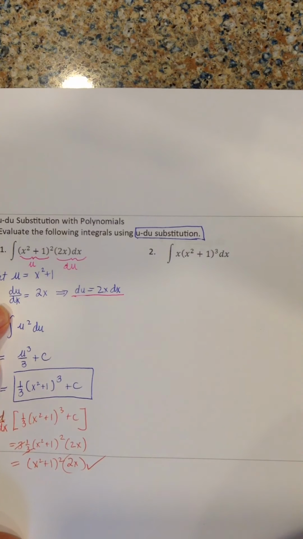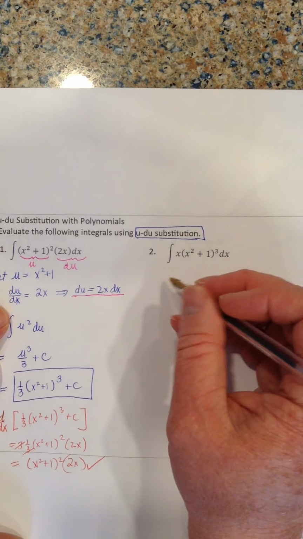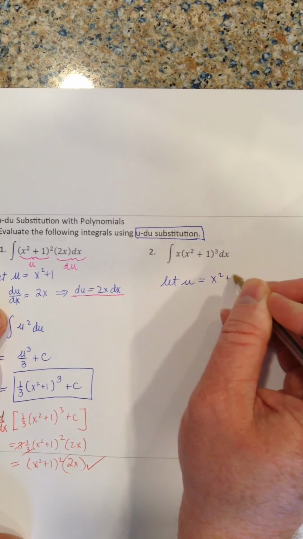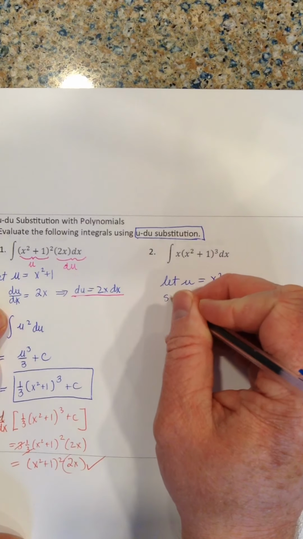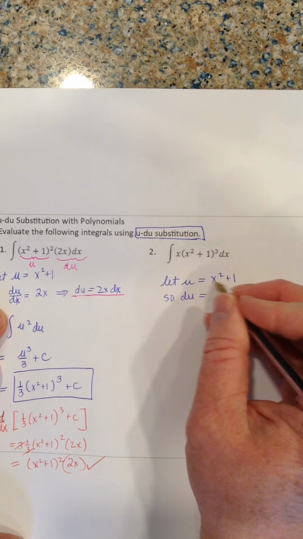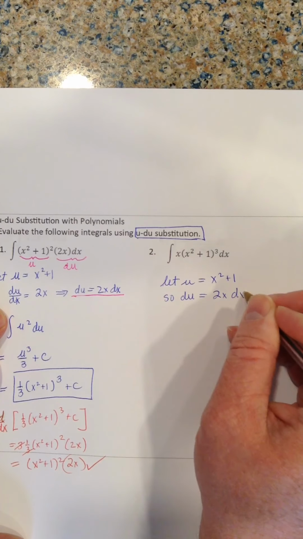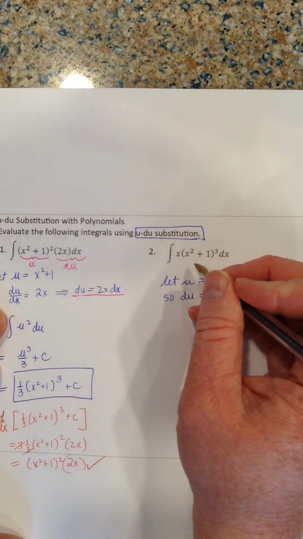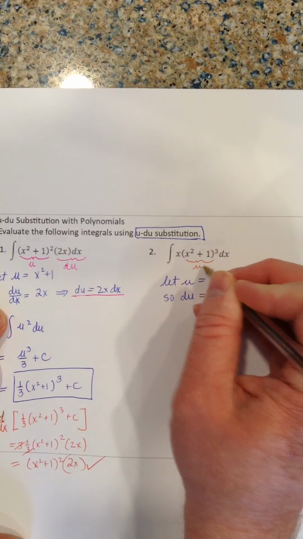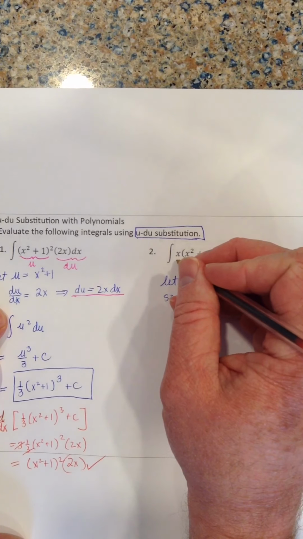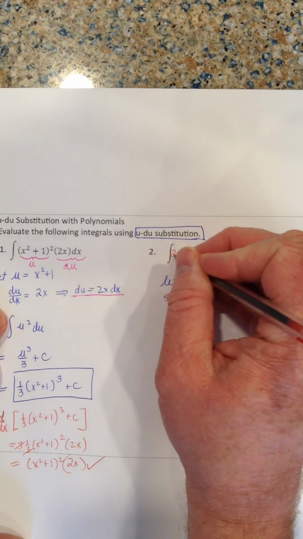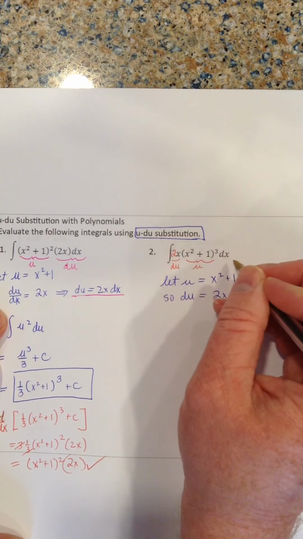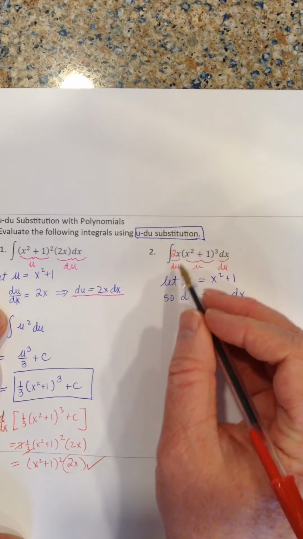Okay, let's go through some other problems. Alright. I'm going to let u equal x squared plus 1. That means du, when I take the derivative of this, will be 2x dx. Alright, so now, if you look, there's my u, and if I had a 2 here, that would be my du, 2x dx.